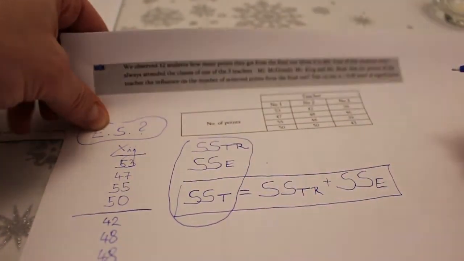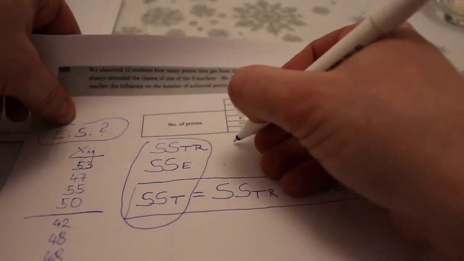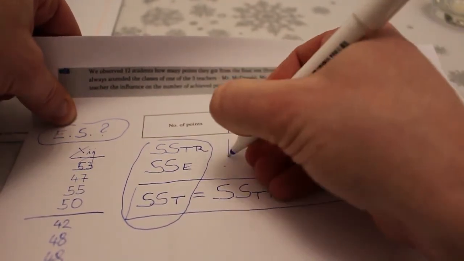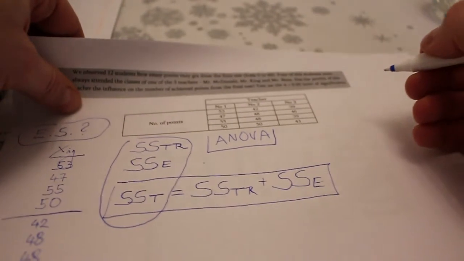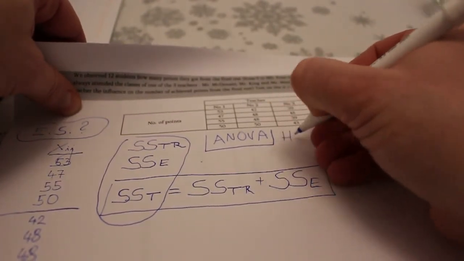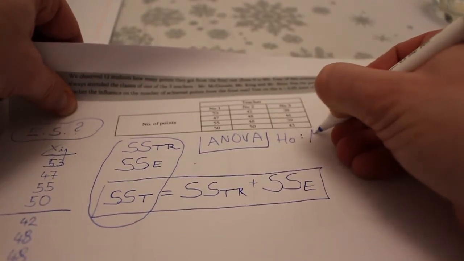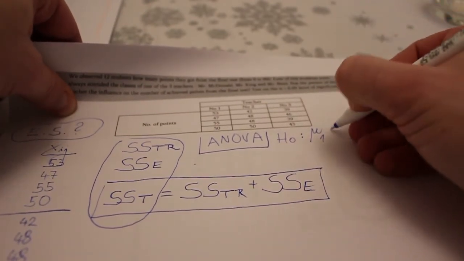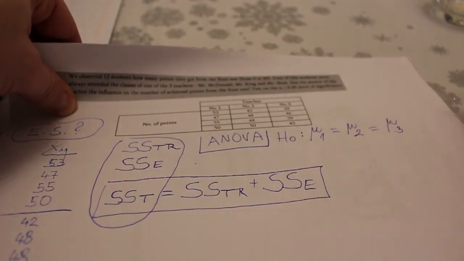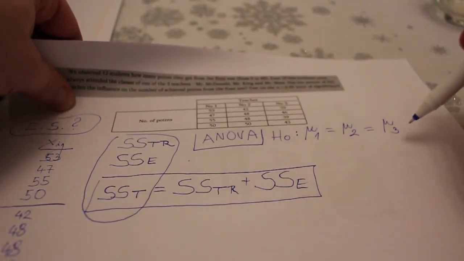and we will use the hypothesis test for ANOVA, which you have written in your formula sheet. There the zero hypothesis is mu1 equal to mu2 equal to mu3: equality of 3 means.